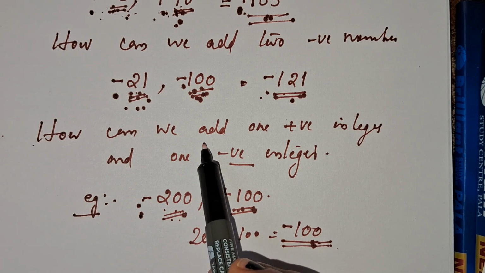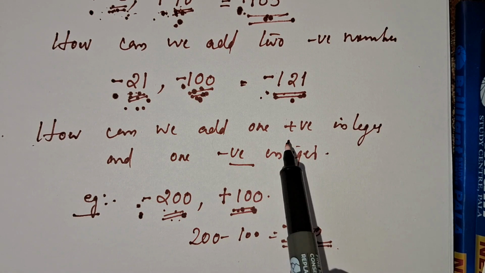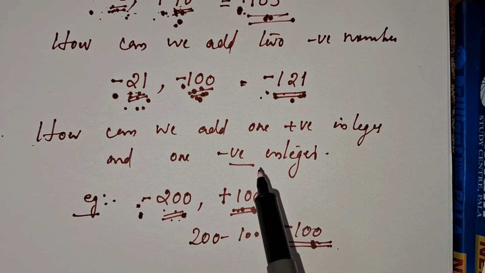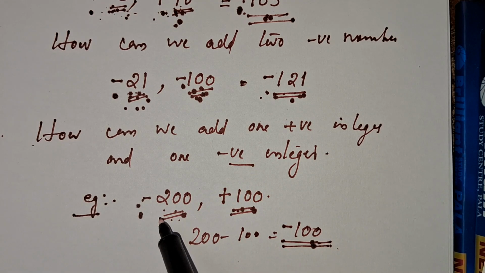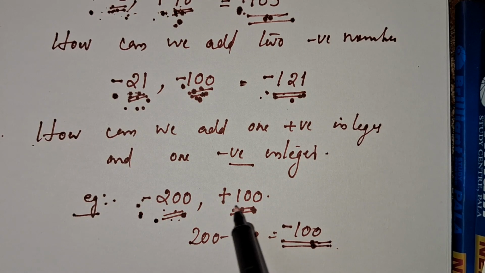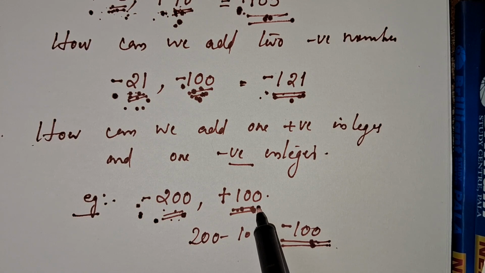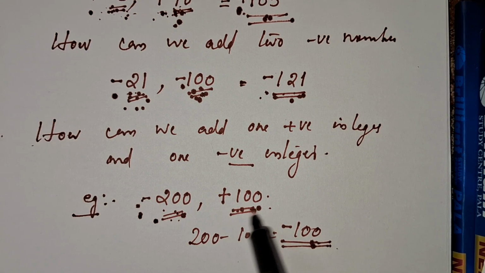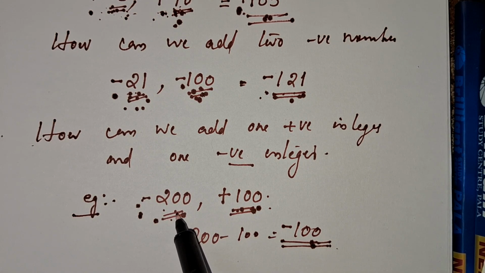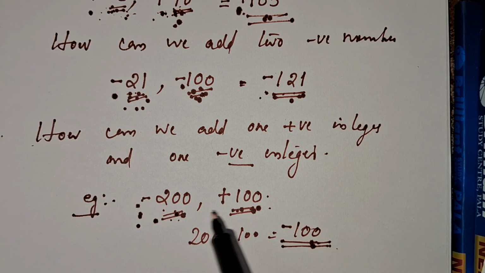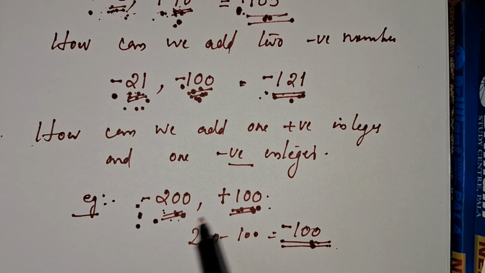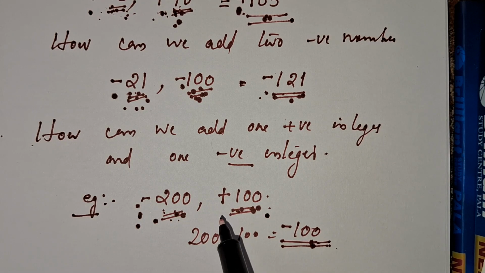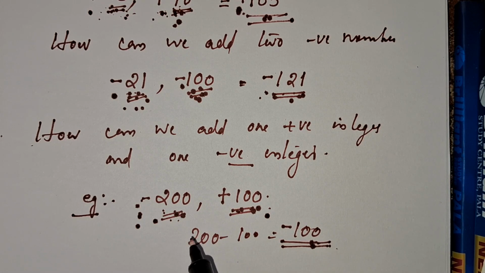Then how can we add one positive integer and one negative integer? For example, minus 200 and plus 100. Here these two numbers have different signs. 200 has a minus sign and 100 has a plus sign. If two numbers have different signs, first find the difference of the numbers and then put the sign of the greatest number. That is the method.